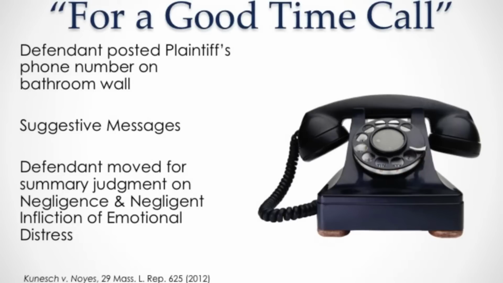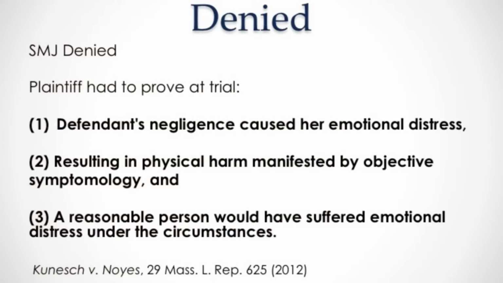Now, the defendant moved for summary judgment for the negligence and the negligent infliction of emotional distress causes of action. The motion for summary judgment was denied on those two causes of action. Here's why. Well, you have to first look at what elements have to be proven for the negligent infliction of emotional distress.